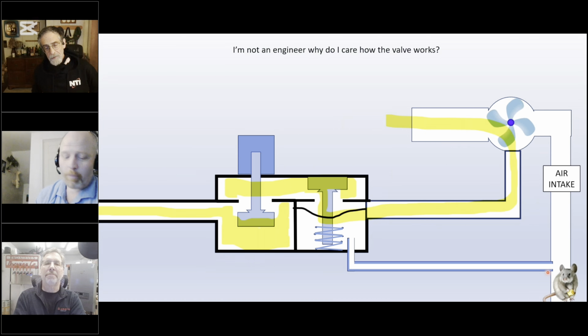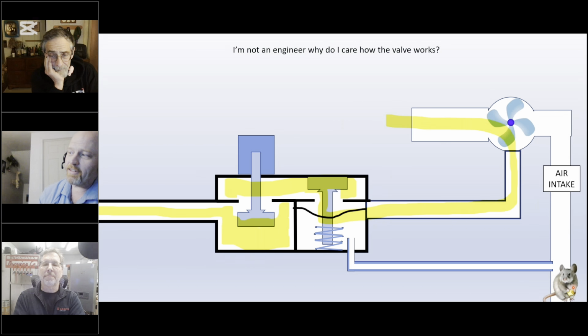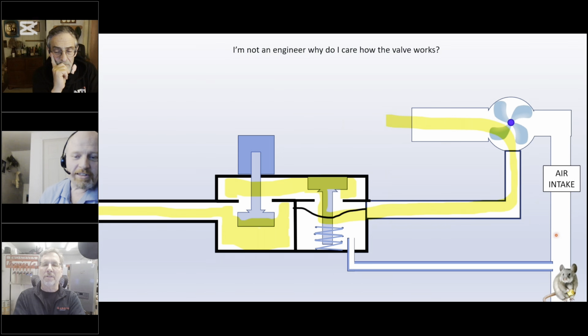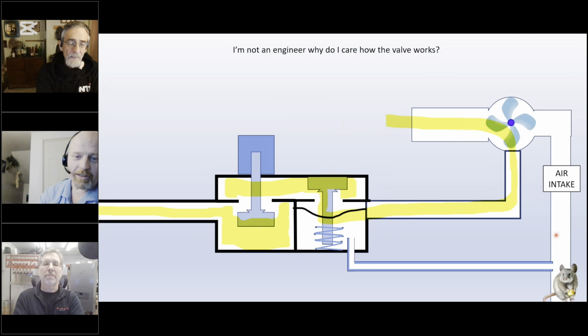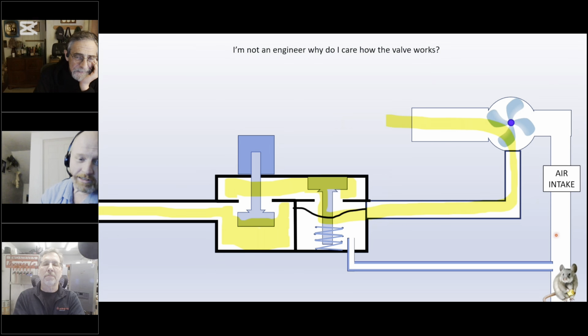So as I restrict the airflow coming in and try and suck it past the mouse, what's going to happen to the suction pressure in this section of the venting? And the answer is, has anybody ever gone out and got one of those thick strawberry milkshakes at McDonald's, and you're sucking on the straw, and all of a sudden the strawberry sticks in the end of the straw, and you basically try and suck yourself inside the straw?